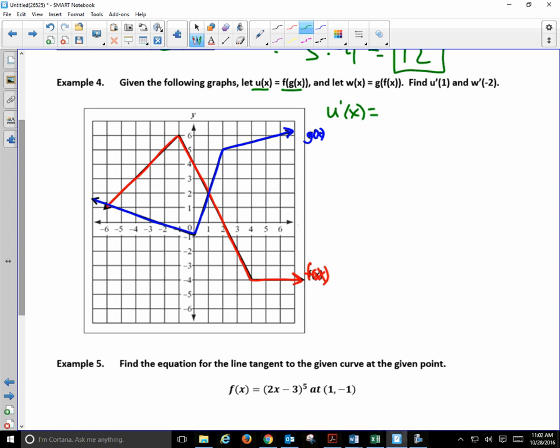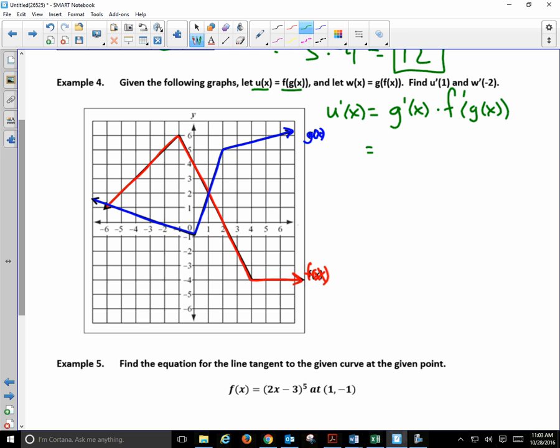So I'll write out U prime of x. Following what we did up above, how would you state that derivative? G prime of x times F prime of G of x. So now I have G prime of 1.